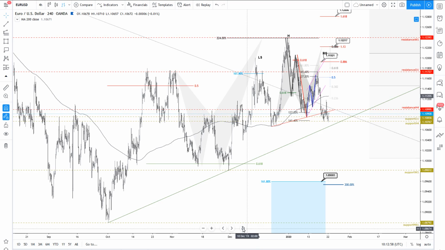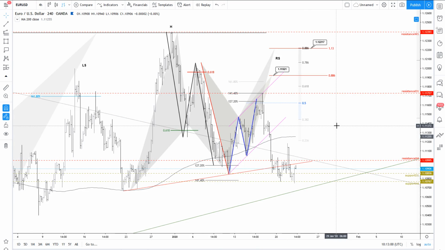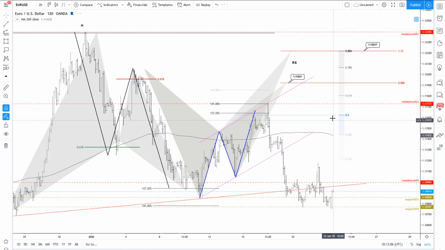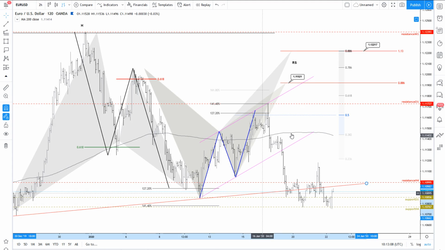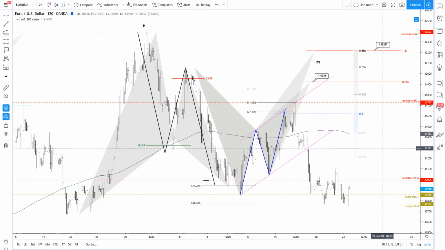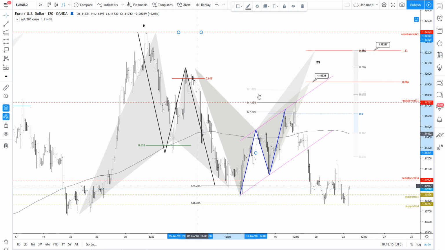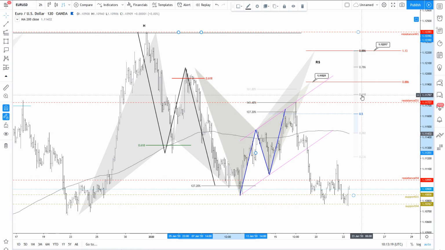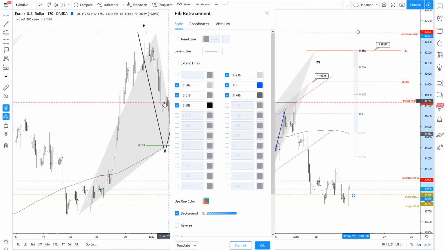So let's keep focus on this lower time frame chart. Actually, we can decrease a bit more into the 2 hours time frame chart. Let me clear this next zone support line, and let me clear some of those fibs that we don't need here. We don't need anything above the 50% Fibonacci there.